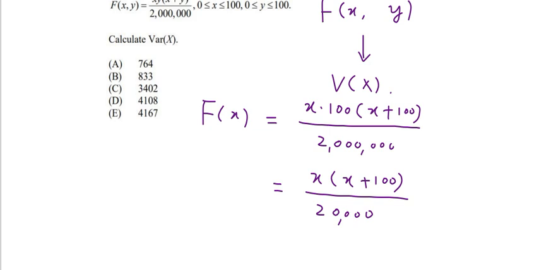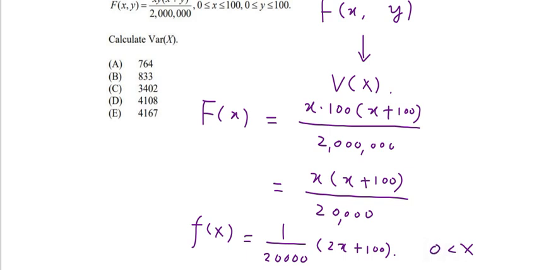Okay, so then we can find the density function, just use the derivative. The density function for X equals 2x plus 100 over 20,000, where x is between 0 and 100.